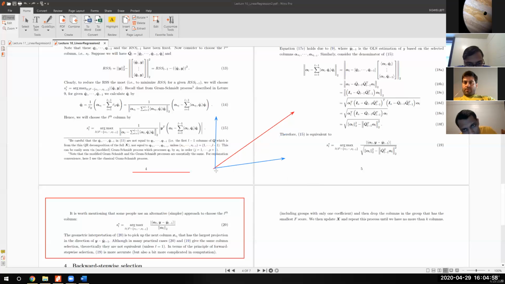Suppose they are the same length, okay? The same length. Which am I going to choose? I'm going to choose this one. Why am I going to choose this one? Let me make it bigger.